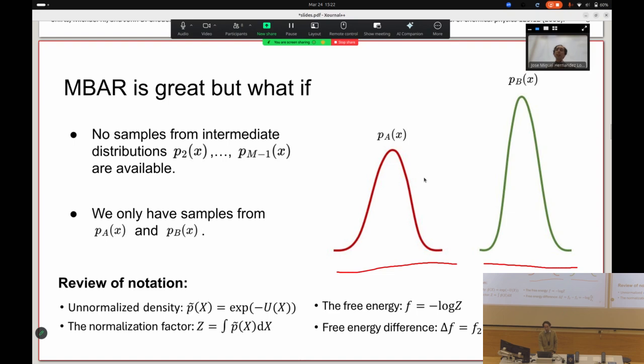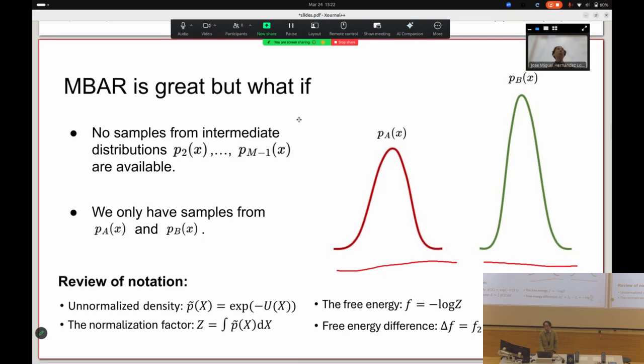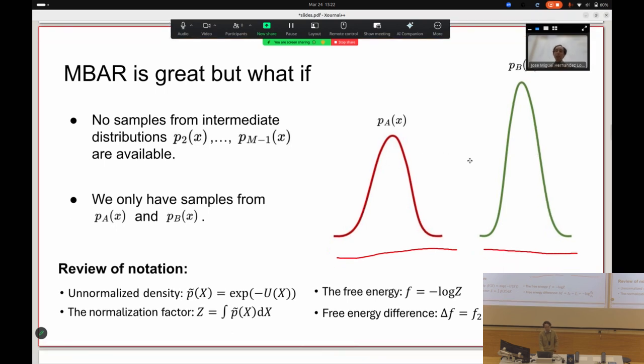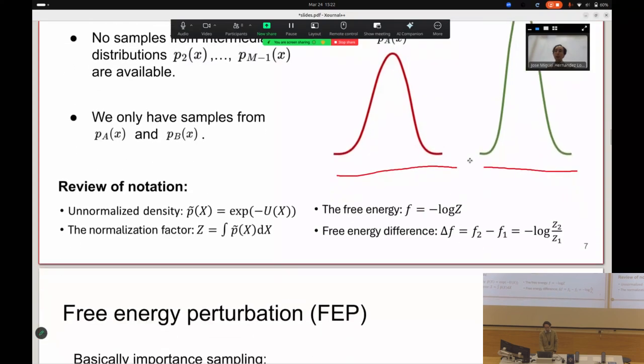In that case, M-bar is going to run into problems.